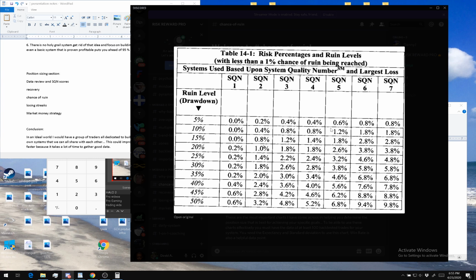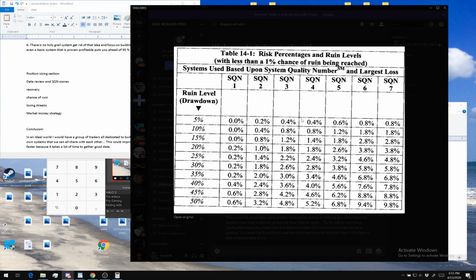Your position sizing plan is the number one tool that you can use to achieve whatever profit goals you're looking to get. So you first build your system, you get the data, and then you plug it in and figure out what you're going to risk per trade and what your strategy is to achieve your profit goals.